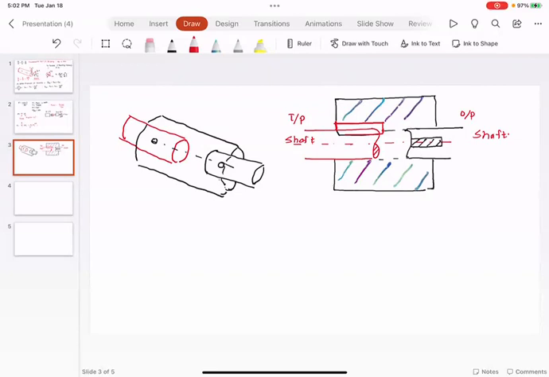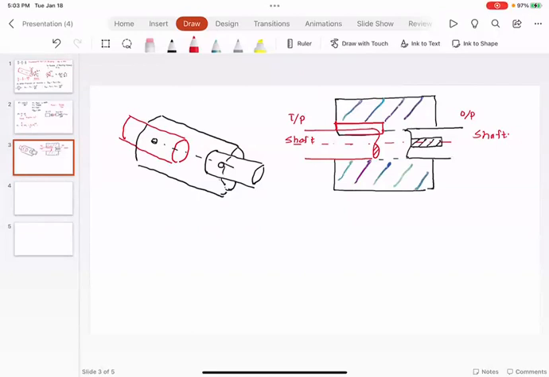Keys, you can think about them like mechanical fuses. For some reason, if all of a sudden the output shaft freezes but the input shaft still rotates, in this entire assembly, you don't want the input shaft to break.